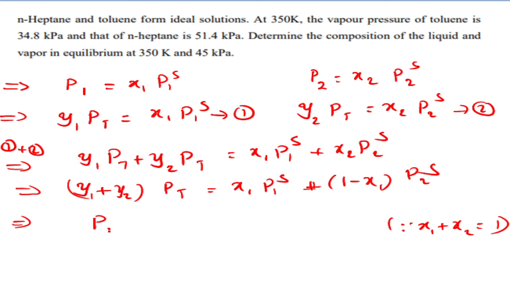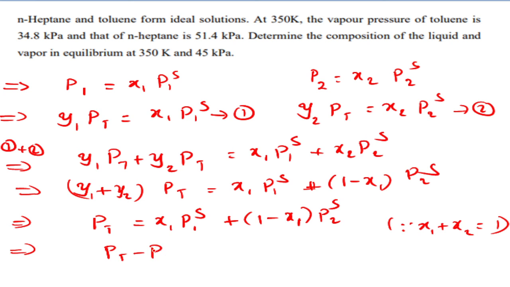So here I can simplify this equation as Pt is equal to x1 into P1s plus (1 minus x1) into P2s. Again I can rearrange this equation: Pt minus P2s is equal to x1 times (P1s minus P2s).